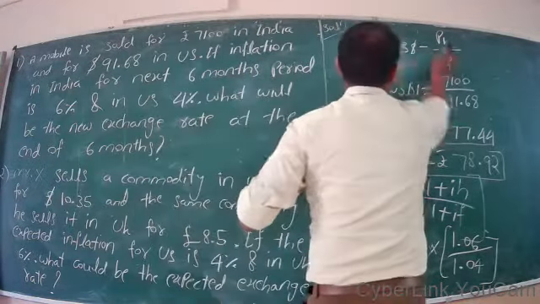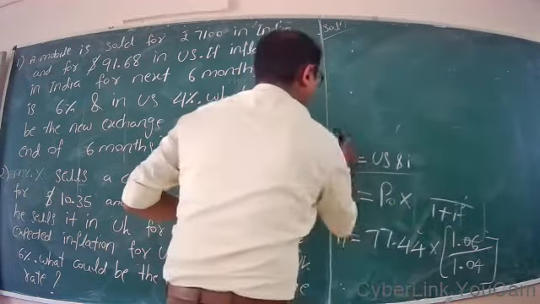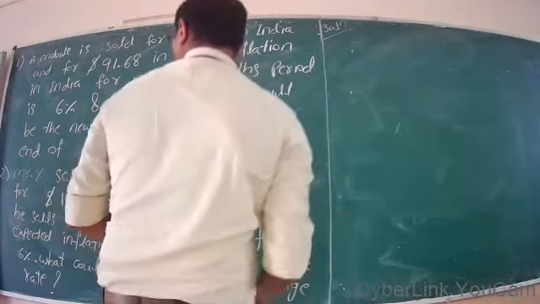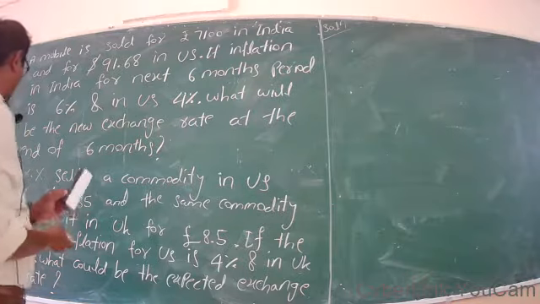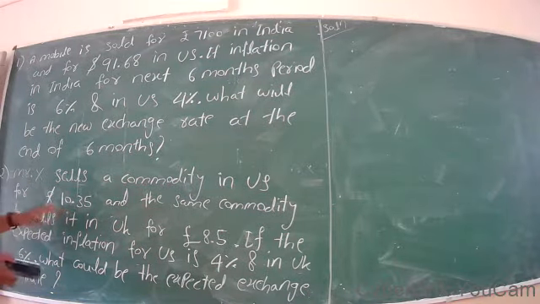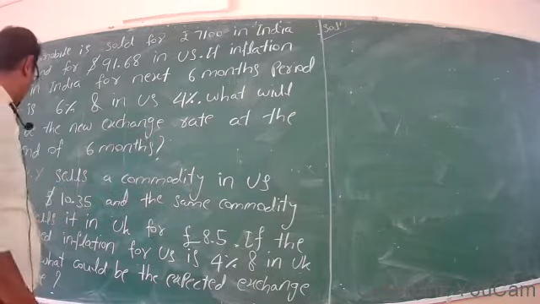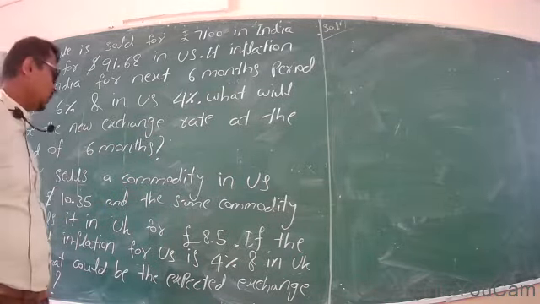And the second problem, there are no Indian rupees given. Mr. X sells a commodity in the US for $10.35 and sells the same commodity in the UK for 8.5 sterling pounds.